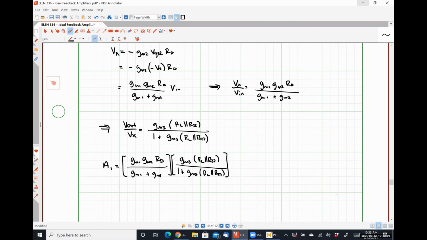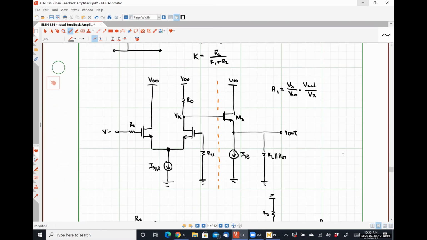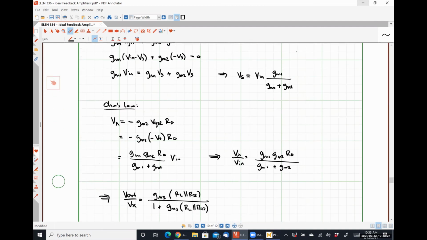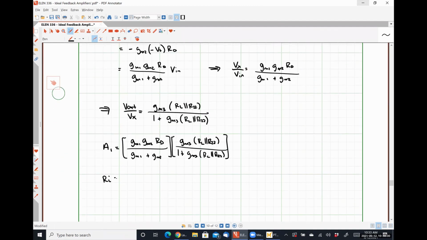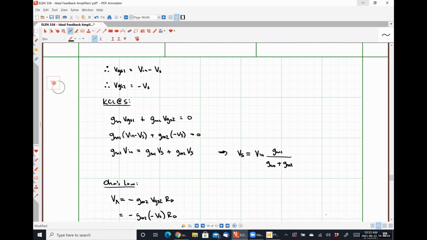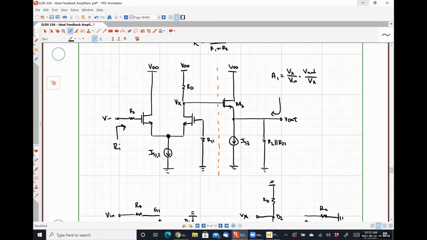All right, now let's go revisit things. What is my input resistance, my open loop input resistance when I look in through a terminal? RS in series with infinity, which just looks like infinity. And if we look in through here, what do we see?